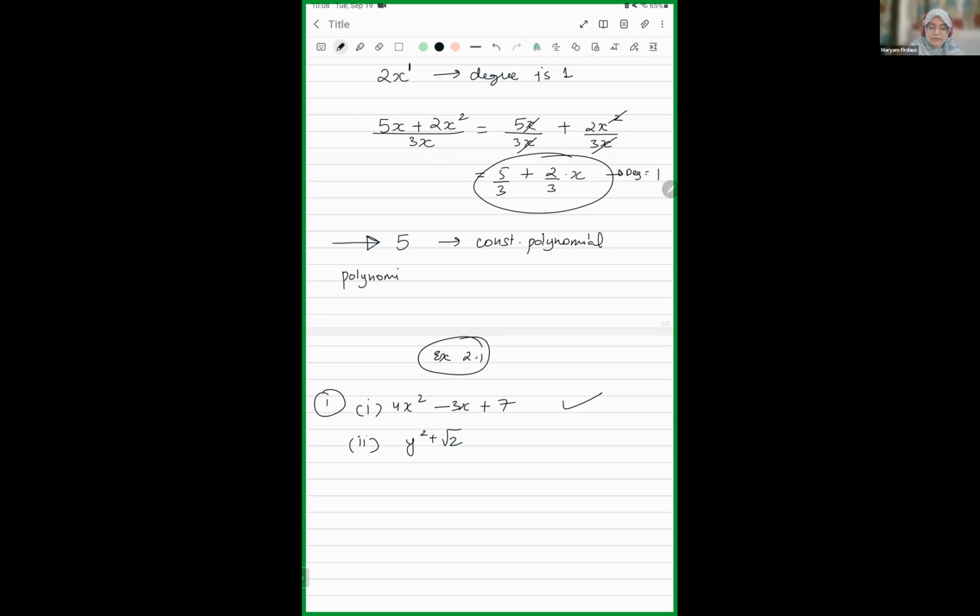Polynomial in one variable: the degree of the variable in each term should be a whole number. Please note this down.